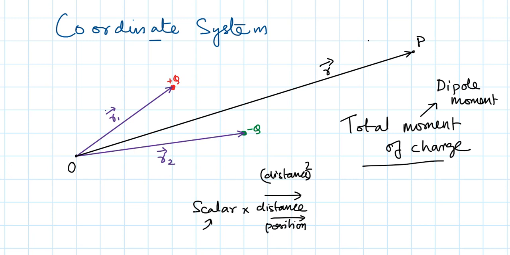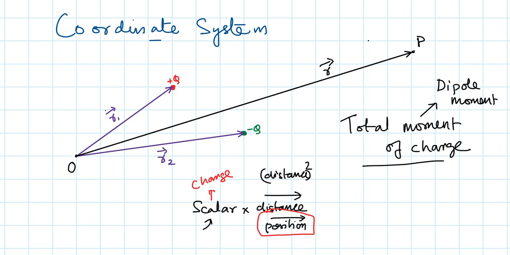In our case, the scalar quantity that we have is charge. So we are going to calculate the moment of each charge in the system and multiply it with the position vector in this case.